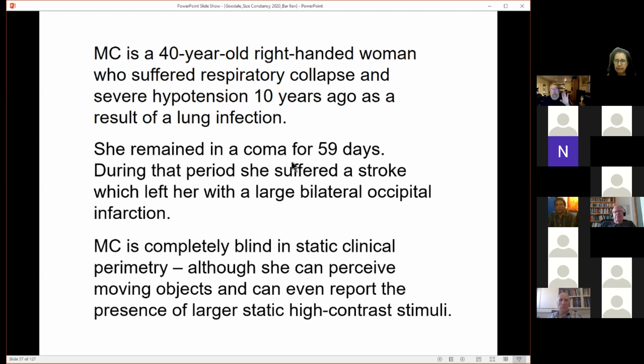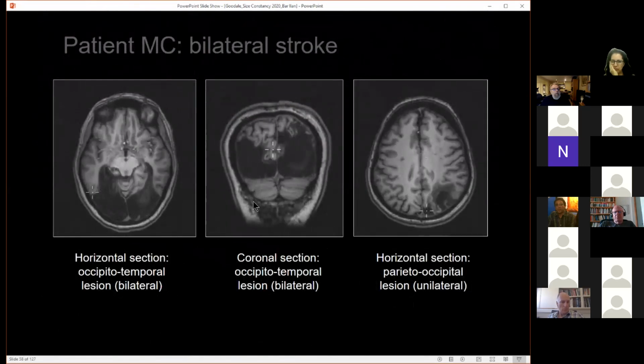So I'm going to show you her lesions, and if you've ever looked at these kinds of slides, I think you'll be rather shocked at how large the lesions are. So these are the lesions in her visual cortex, and they extend well into the ventral stream.